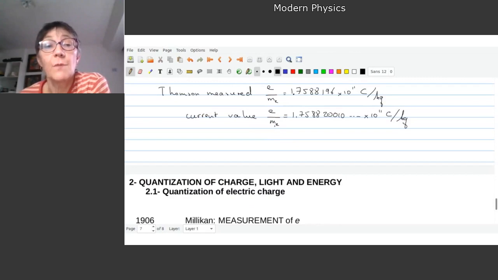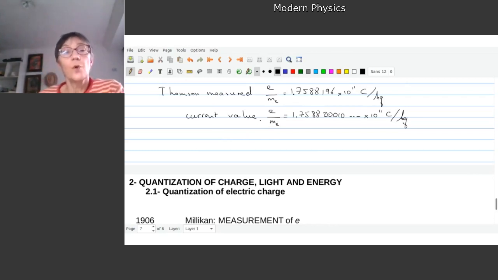It was much smaller than the mass of the smallest ion. And we know that the mass of the electron is something like 1800 and something times smaller than the mass of the proton, if you ionize a hydrogen atom. So he could see it, but he couldn't measure it.